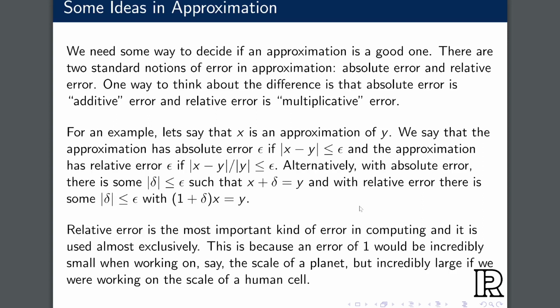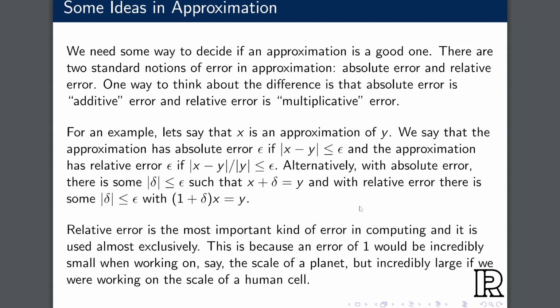Once you understand this, it becomes much easier to figure out what kind of error you want to use and how to use it when you're doing these error analysis type things.